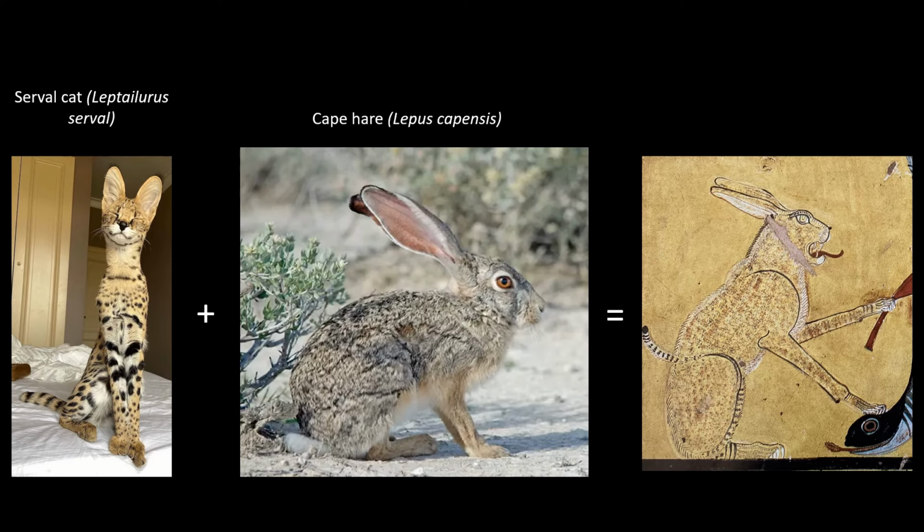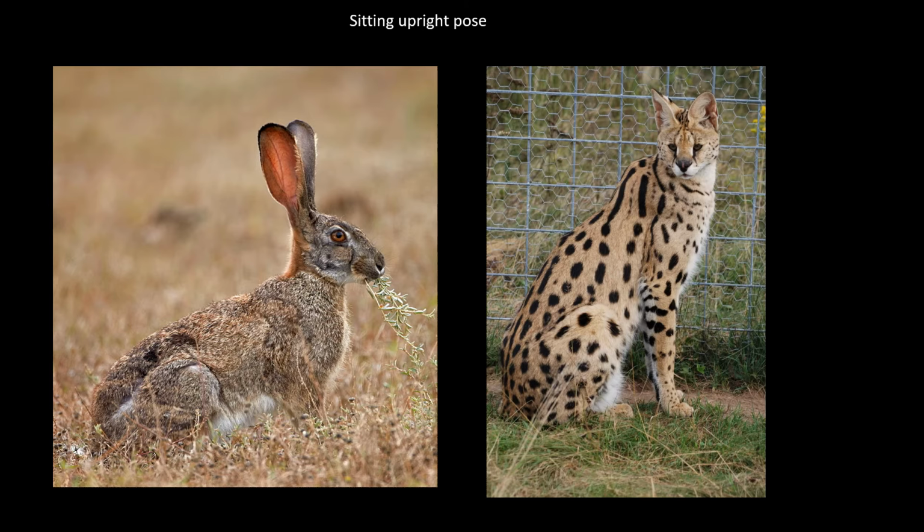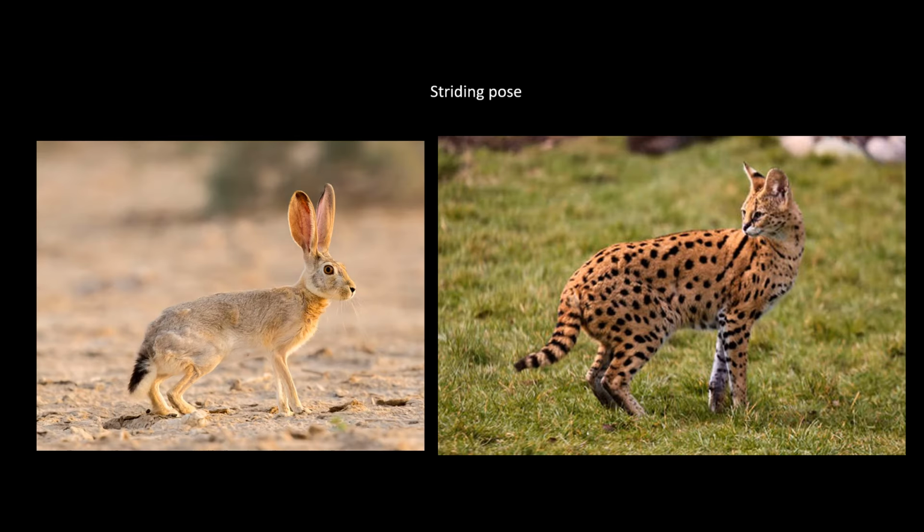So both animals have long front legs with muscular hind legs, which means that their silhouettes are very close to each other in appearance when they are sitting up, as we see here, and also when they are striding.